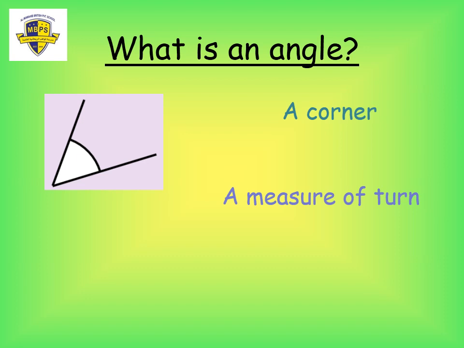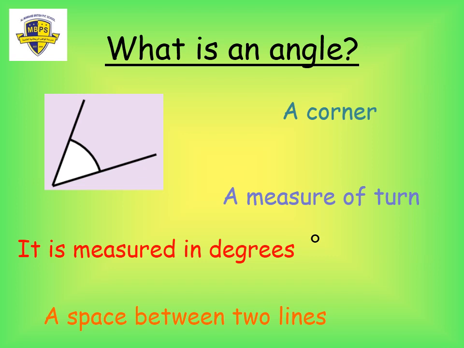Correct. Also we can say it's a space between two lines. So all of these are correct. Now the unit we use to measure angles is the degree, and we write it like a small circle.